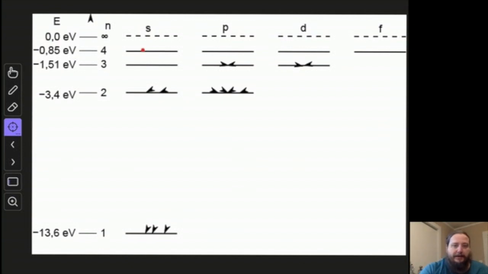And then as we go up to n equals 3, there's the s and the p and the d orbitals and so on. So at each level of energy, the primary quantum number for energy is this n, and the ground state has an energy of 13.6 eV below the ionization point, and the n equals 2 state has an energy level of minus 3.4 eV below the ionization level, and so on.